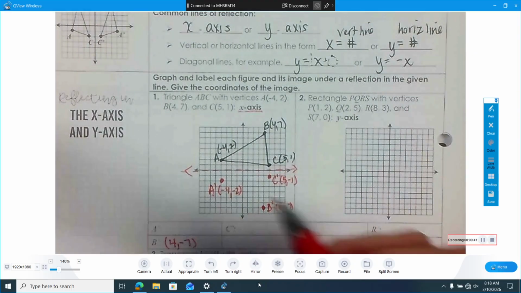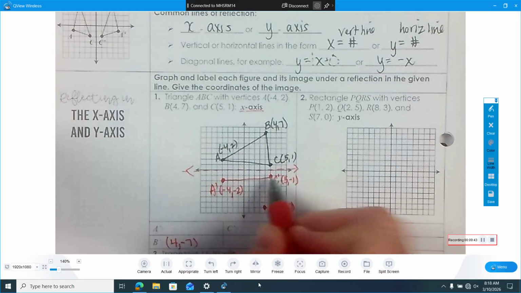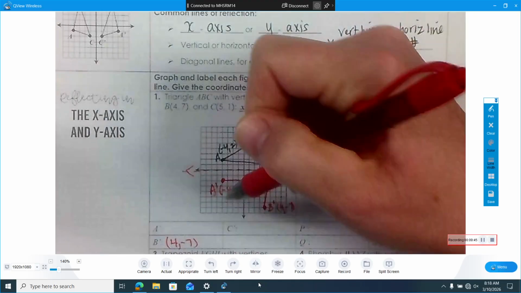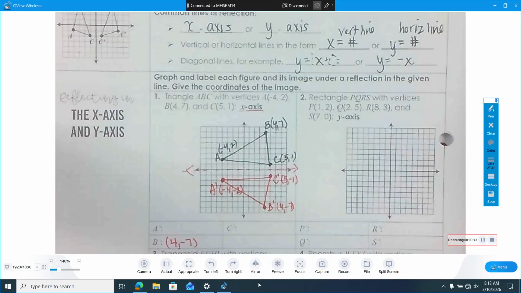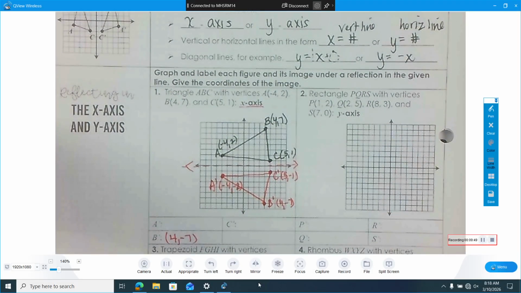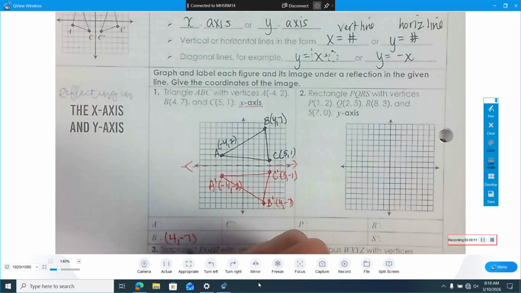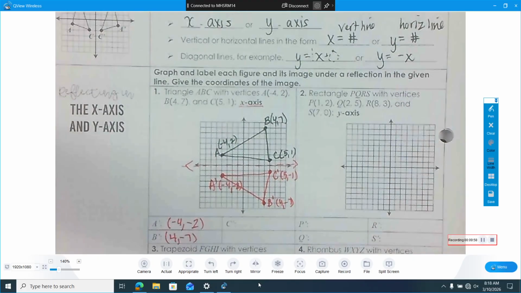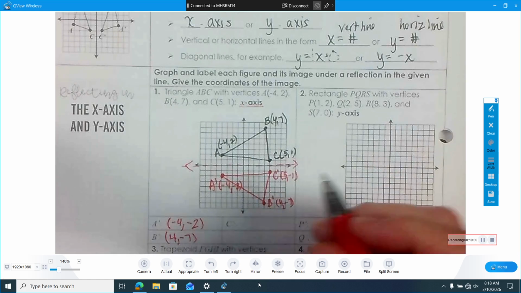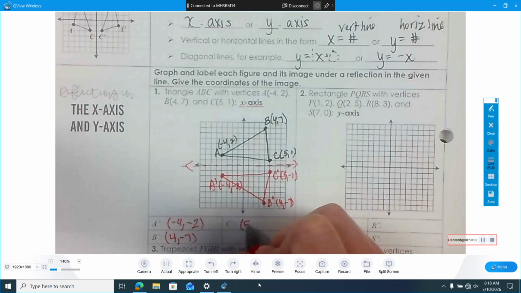What do you notice about those ordered pairs? C started at 5, 1, and then C prime was at 5, negative 1.